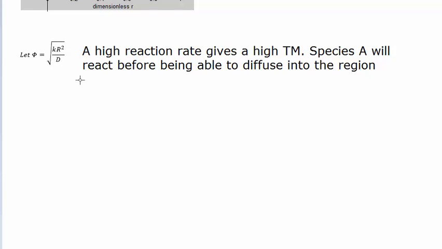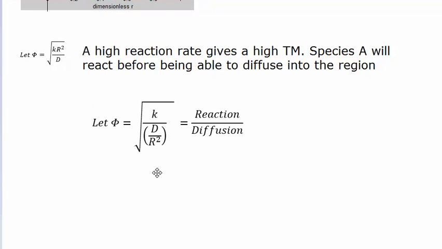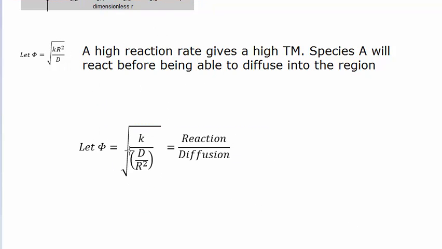The more time it spends in that control volume, the higher chance it has of undergoing the reaction. So it won't be able to get that far in there. That's why sometimes you see people express the Thiele modulus as a ratio of reaction rate to diffusion over here. But again, that's more of a kinetics topic to discuss.